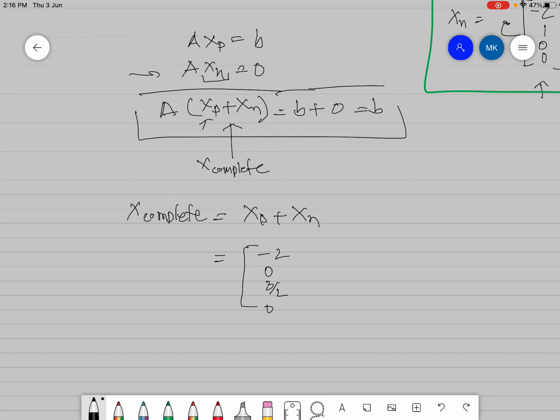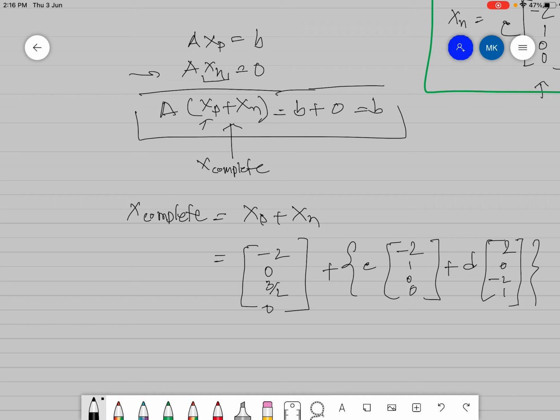We just solved it, and the null space is c times -2 1 0 0 plus d times 2 0 -2 1. So this is the complete solution to Ax equals b.